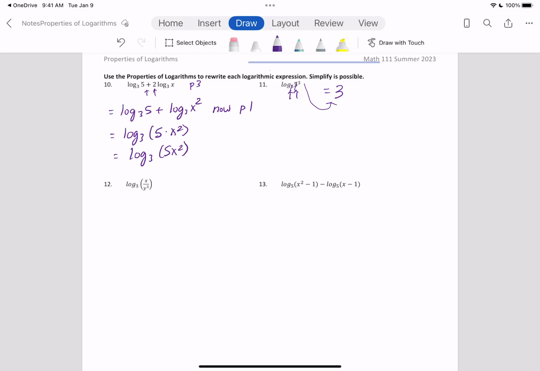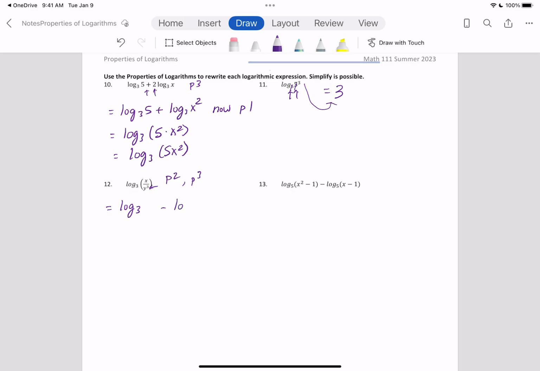All right, number 12, I have a division. So that's property 2. And I have a power. So that's property 3. So I'm going to separate this into a subtraction.